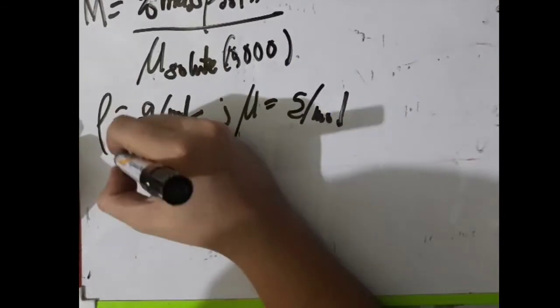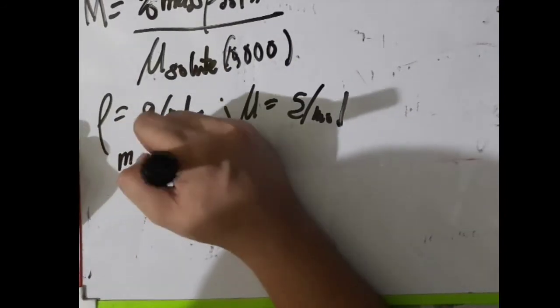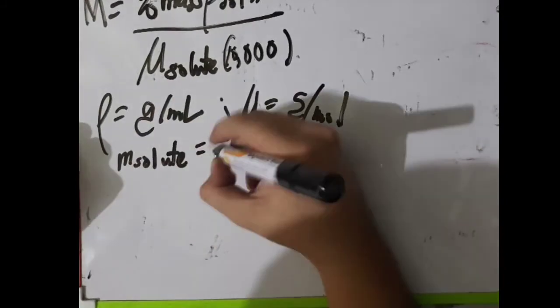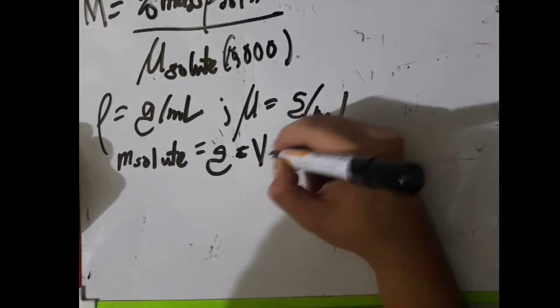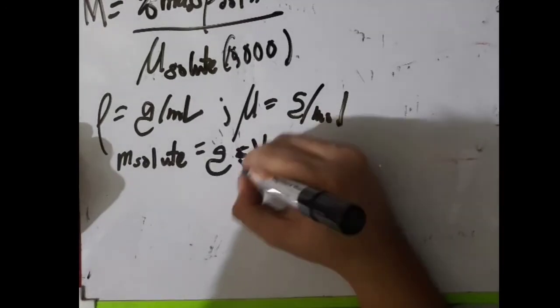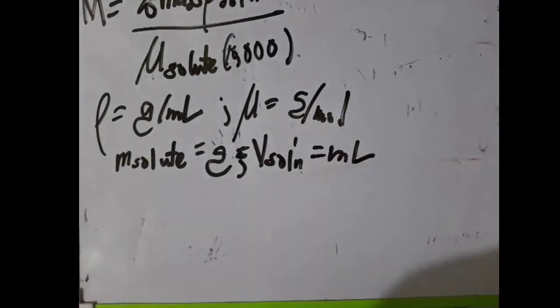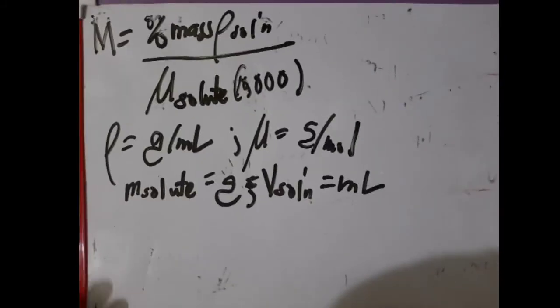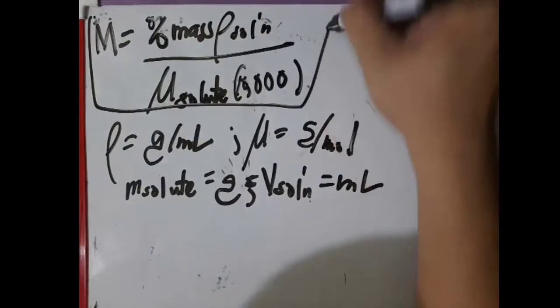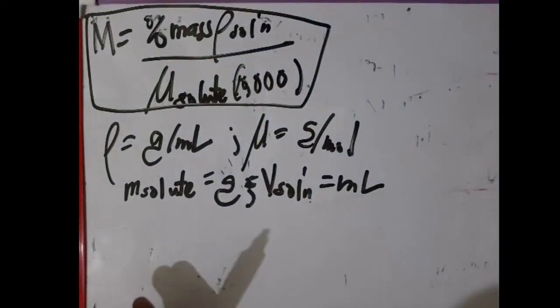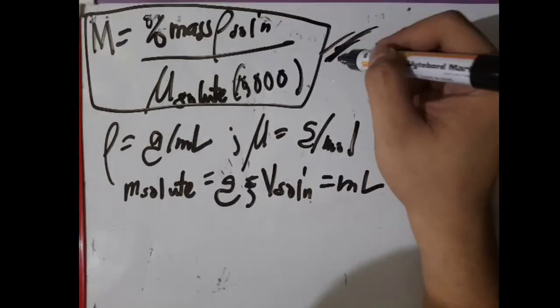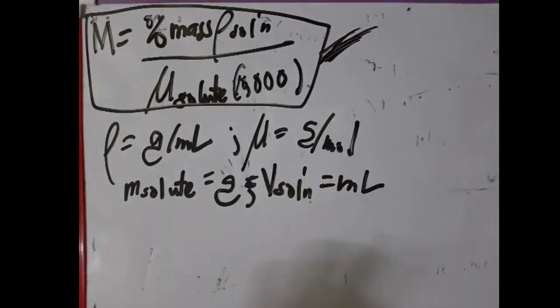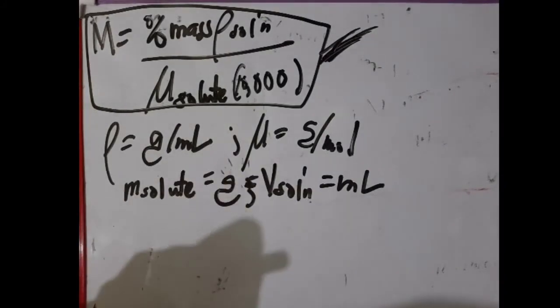The mass of the solute should be expressed in this case in grams, and the volume of the solution should be expressed in ml or milliliters. That is the time that this formula is applicable. If that is not the case, you need to convert them to the appropriate value so you can apply this formula.